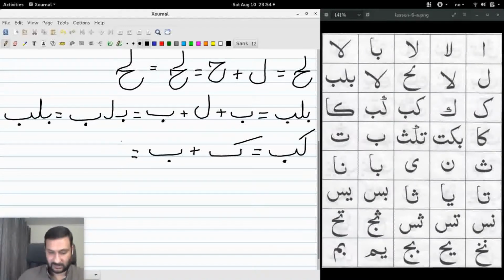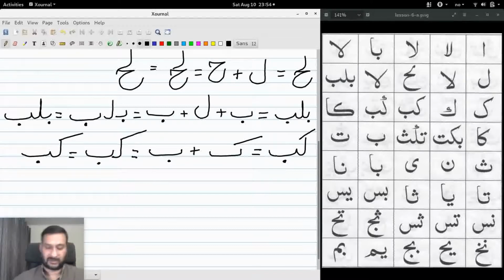So you take just the first part of kaf, like so, and then you add a ba with it, and it becomes kaf ba. When you write it fluently, you just join them together. Kaf ba. It doesn't matter if you extend this line here. It's just beautification.